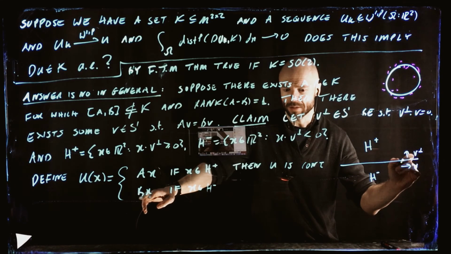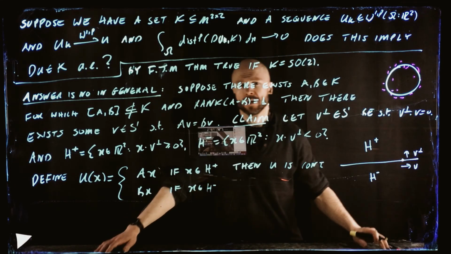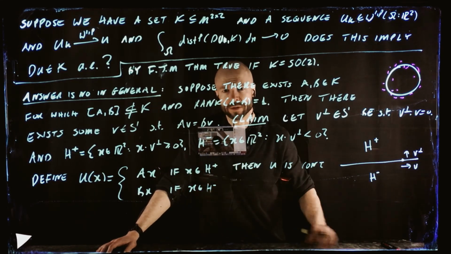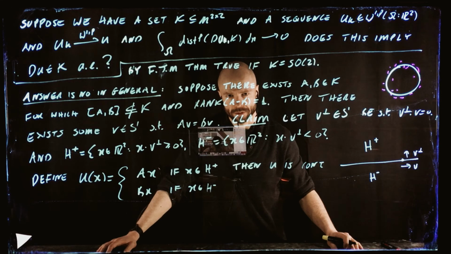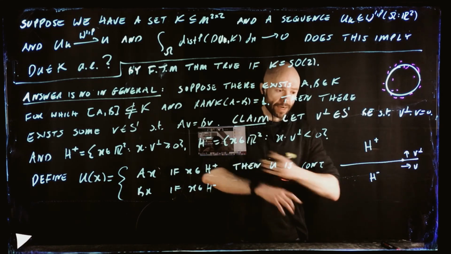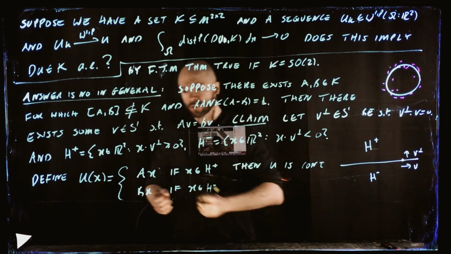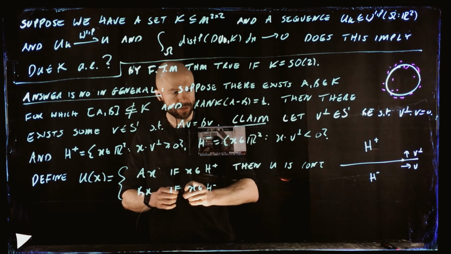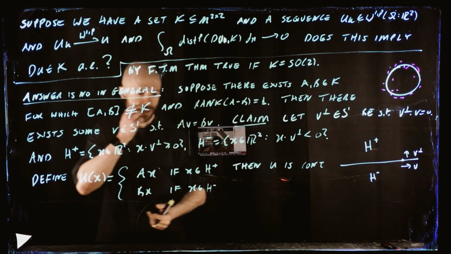So this thing is continuous just from this condition, and if we didn't have this condition, it would not be continuous. Do you see what I mean? So this is a well-defined continuous function. Its gradient is just A and B, so it's even Lipschitz, because the gradient is bounded.